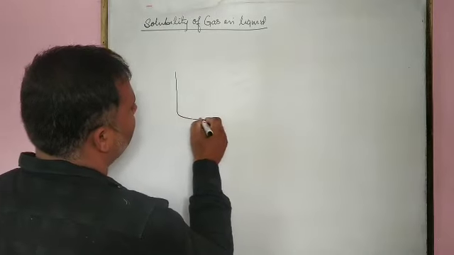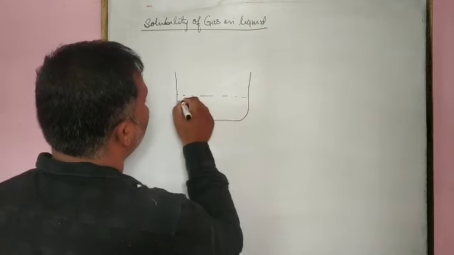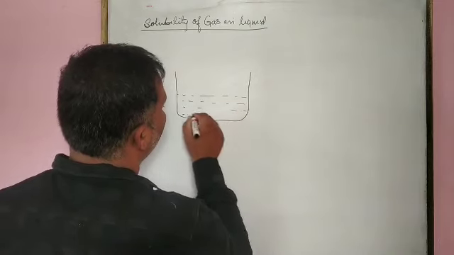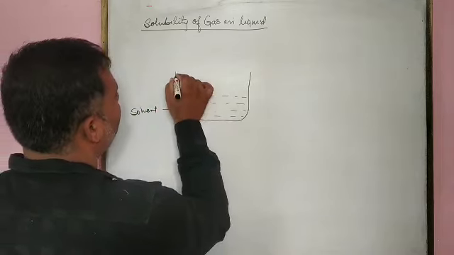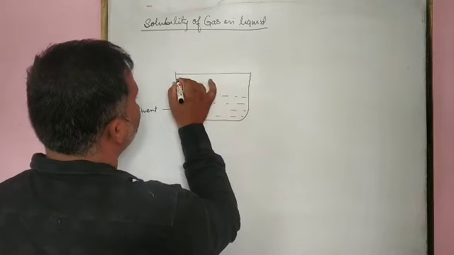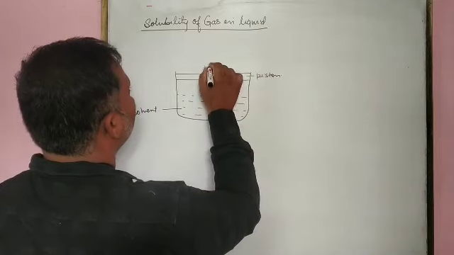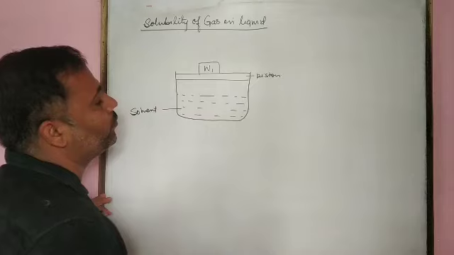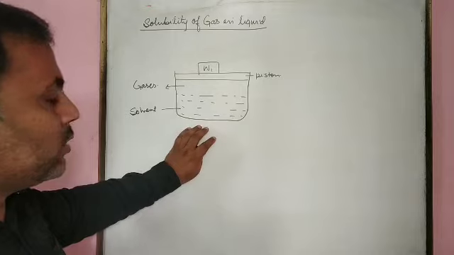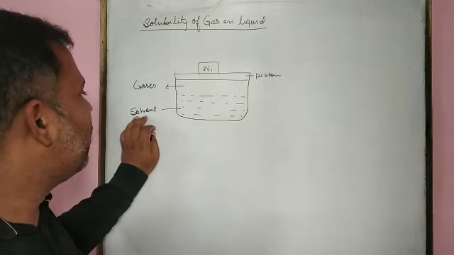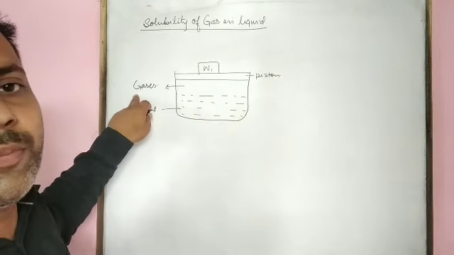If we have a container here and we have a solvent here, to that we have attached a piston having a weight W1. In this container, let us take water as a solvent, and above the solvent we have the gases.